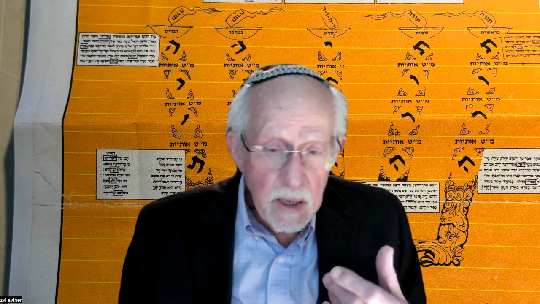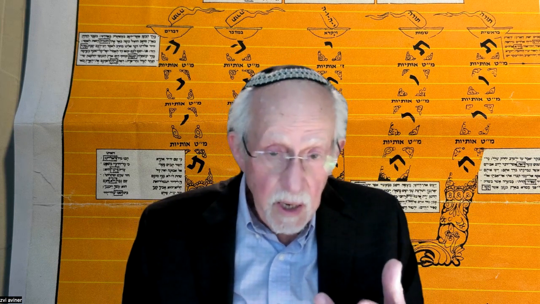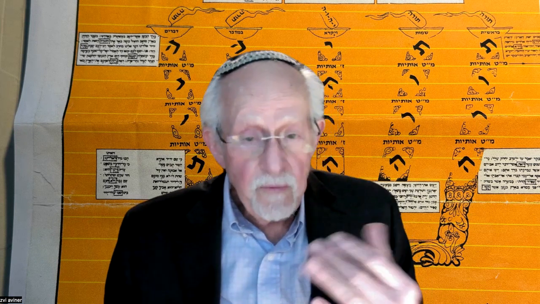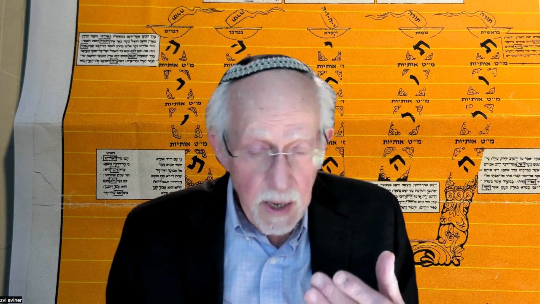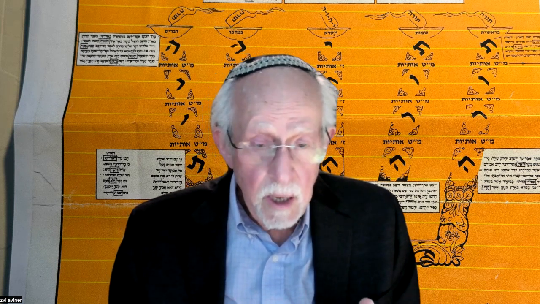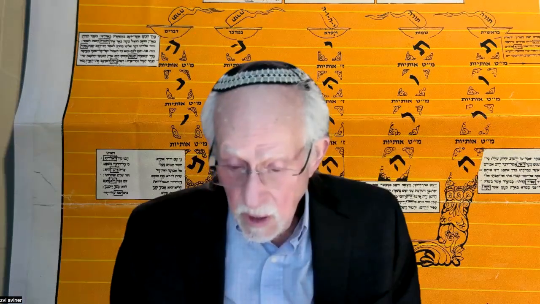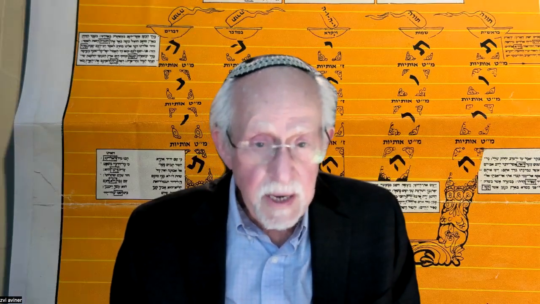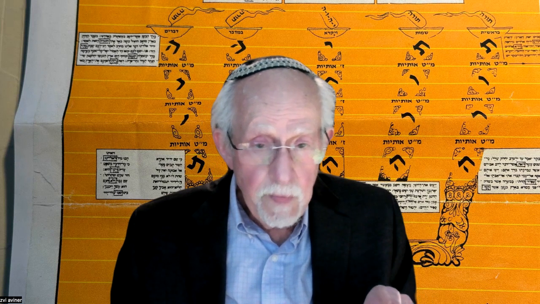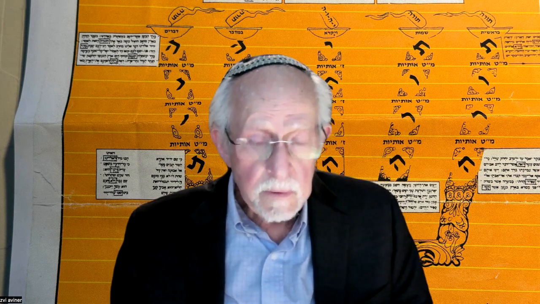But here, this level of Hashem has a structure in it, and each structure has a name: self, attribute, kingship.